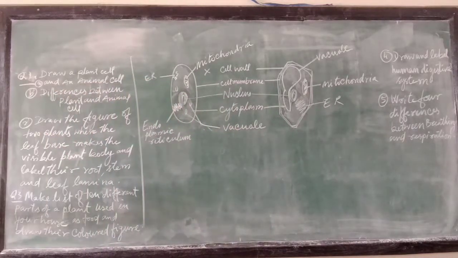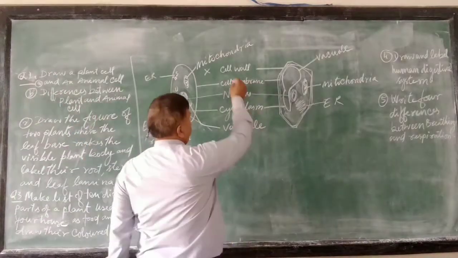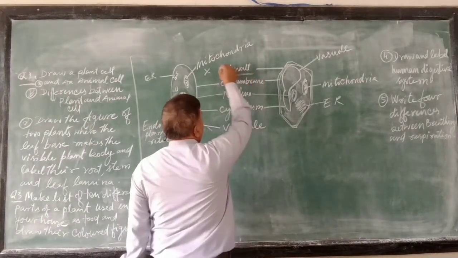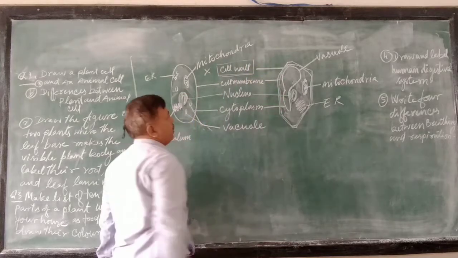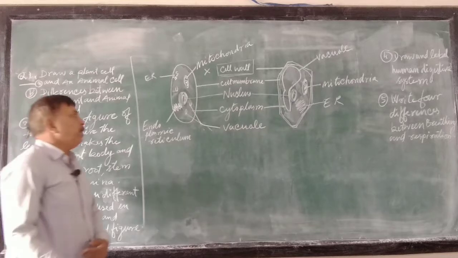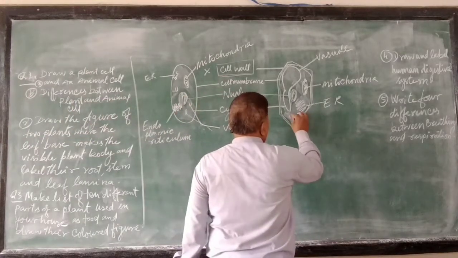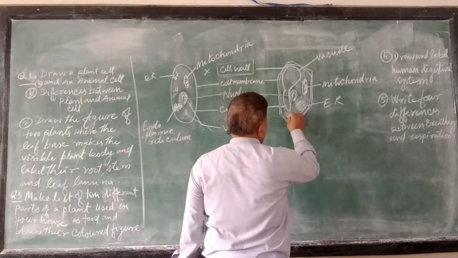What you need to notice is that the cell wall is present in the plant cell but is not present in the animal cell. What else is present? You see the coloring substance, the plastids.